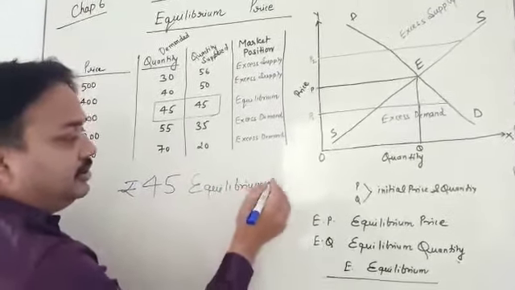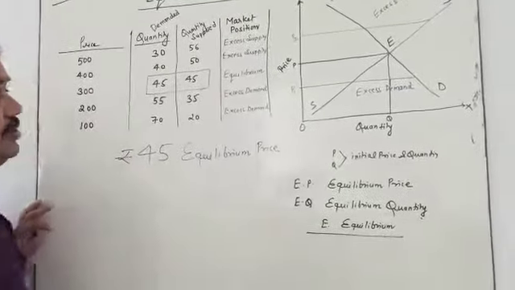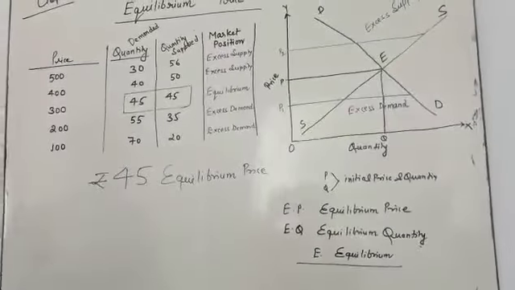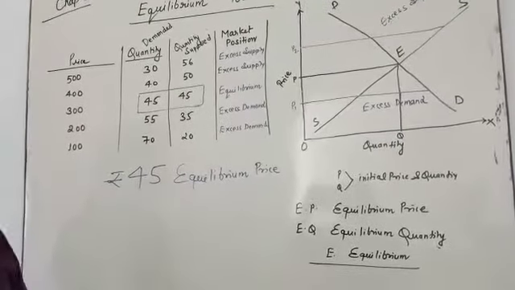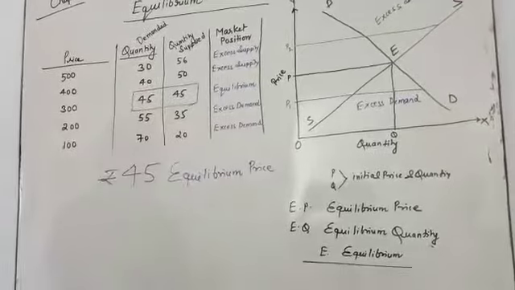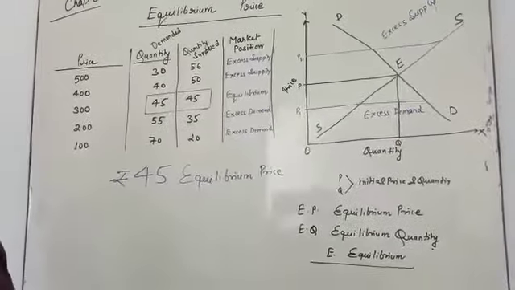These are the situations of excess demand. Excess demand is, my dear student, when supply is less and quantity demanded is more. And this is called excess supply when demand is less compared to supply.